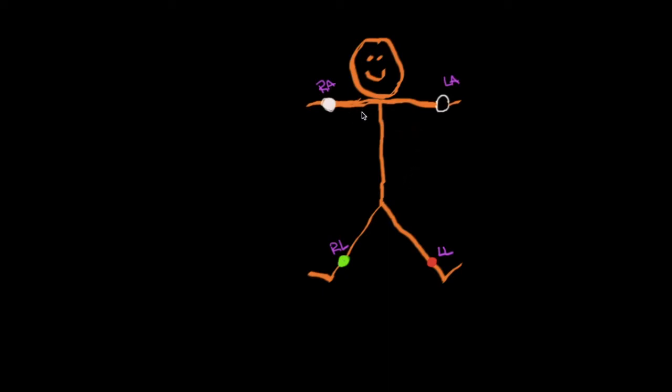Einthoven's triangle looks at the connection between our right arm and our left arm, our left arm and our left leg, and our right arm with our left leg. Our right leg lead we can forget about. It's a ground, and it's used to filter out some of the background noise that our bodies make.